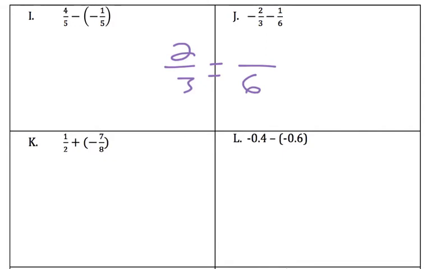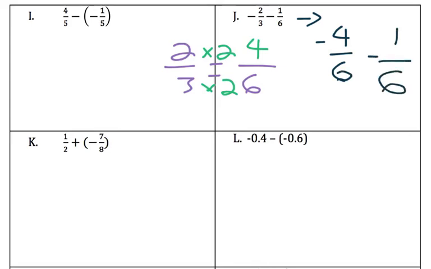And I know I can do that by multiplying 2/3 by 2 over 2. 2 times 2 is 4, 3 times 2 is 6. And now I can rewrite this problem like this. Negative 4/6, minus 1/6.